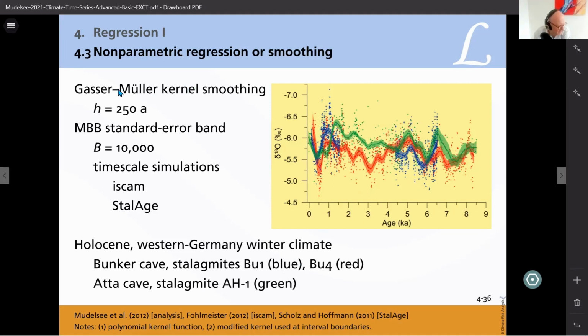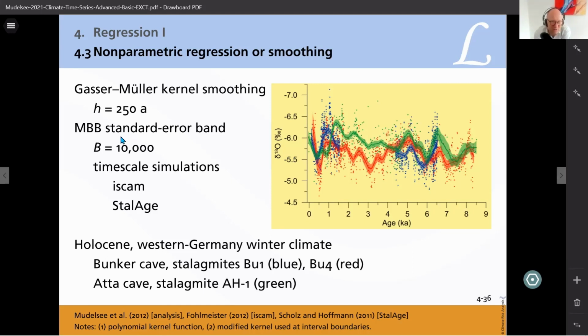So in this case, we set the bandwidth equal to 250 years. This here is a kernel function. It is different from the Preisler and Chow method. Let me give you later a paper of mine where it is better explained than I can do at the moment.